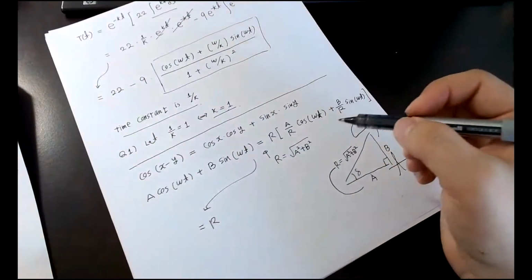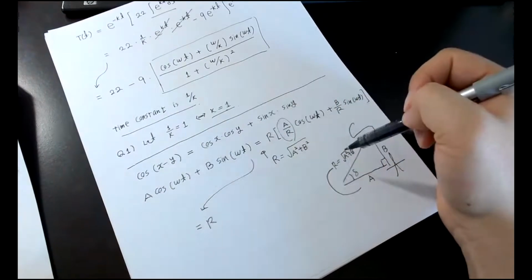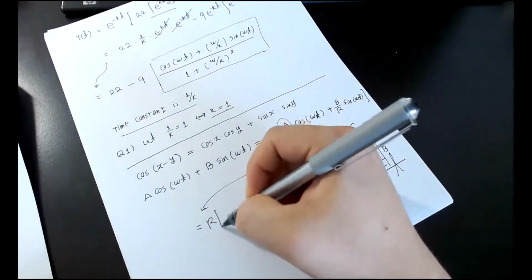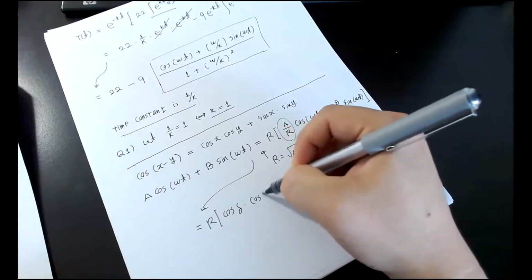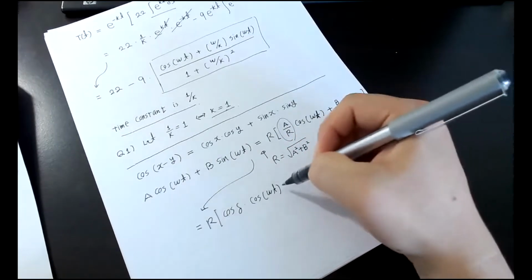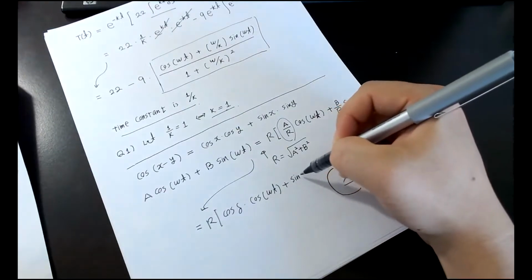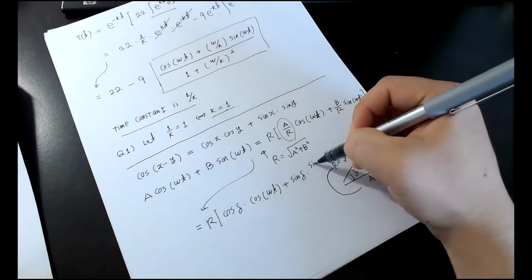So a over r is cosine delta times cosine omega t, plus b over r, which is sine delta, times sine omega t.